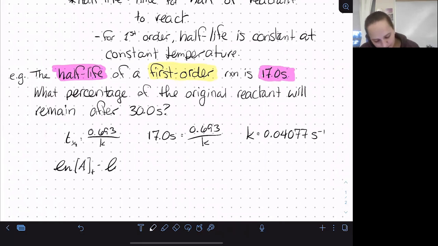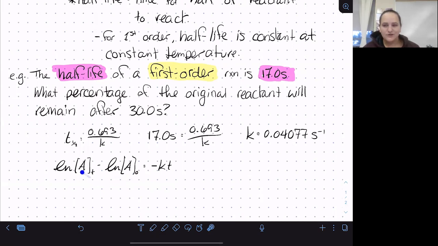So we have the natural log of concentration at time t minus the natural log of concentration at time 0 is equal to minus kt. So notice that we weren't given concentrations here, but we're not asked what the concentration will be after 30 seconds. We're just asked for what the percentage will be.